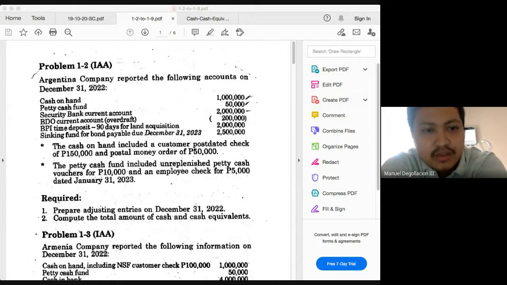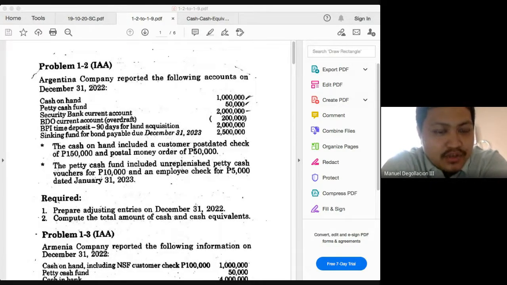It should not be included, but it was included, so the correction here is to deduct the 150,000 from the 1 million. Next is the postal money order. This is just a different form of a bill of exchange, which is still treated as an equivalent of money. So no adjustment for the 50,000.